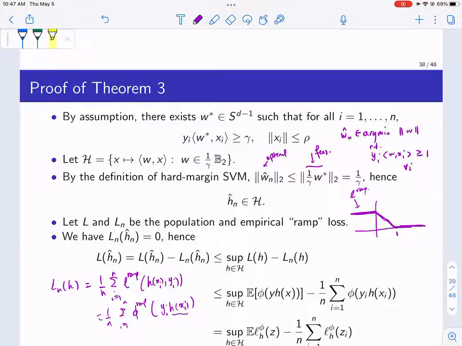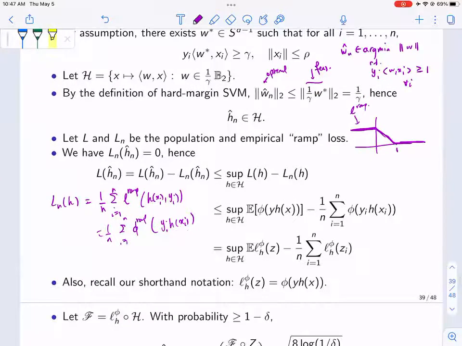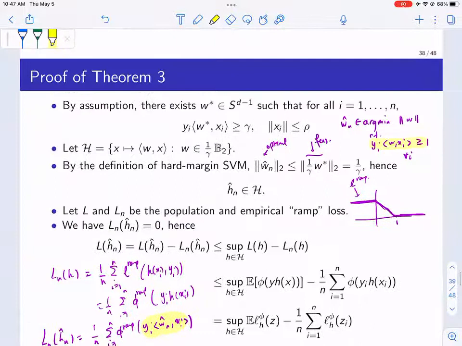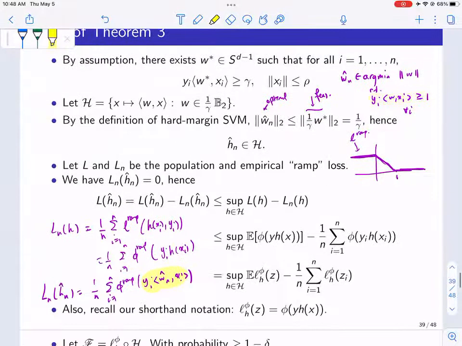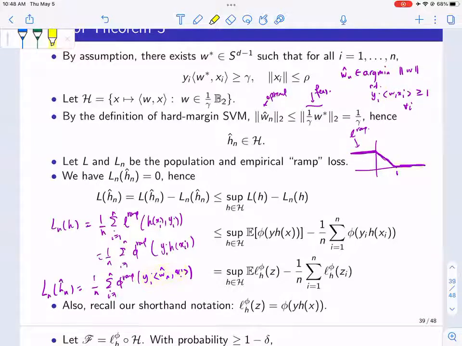In our case, it's going to be 1 over n, summation i from 1 to n, of phi ramp of yi W hat n xi. For any solution of this problem, these are all bigger than or equal to 1, and so the ramp loss is 0 here. So the empirical ramp loss of the weight vector of the hard margin classifier is 0.